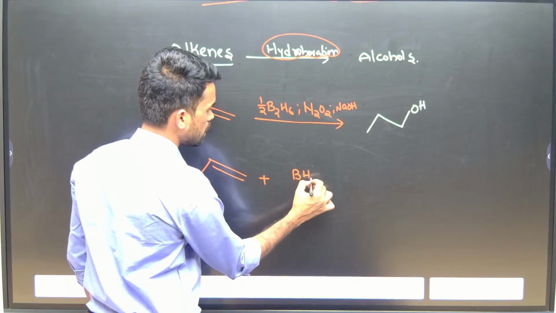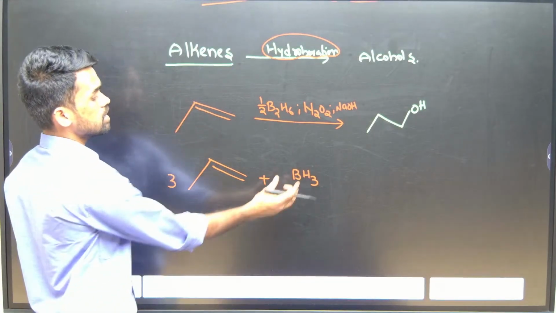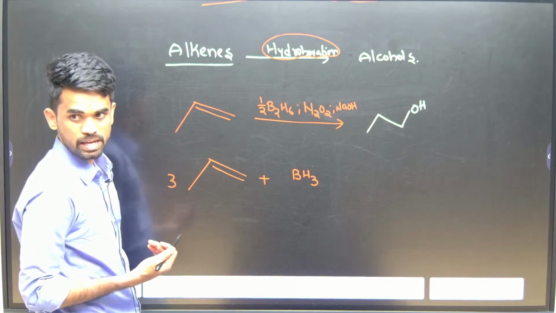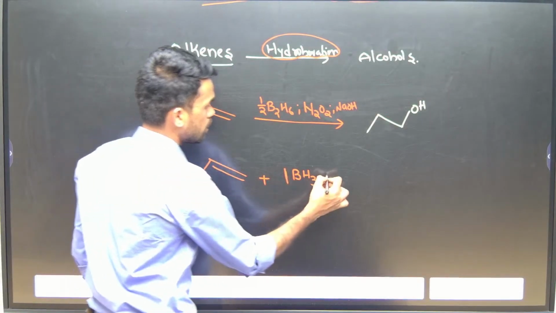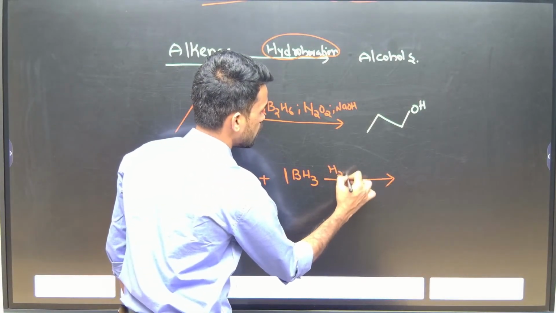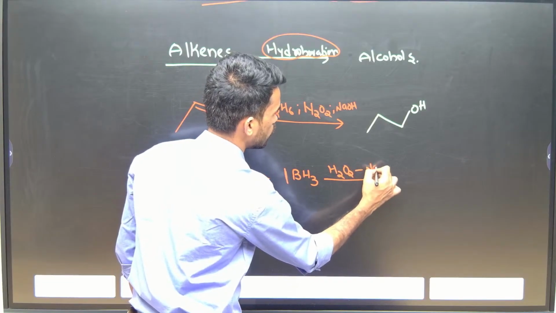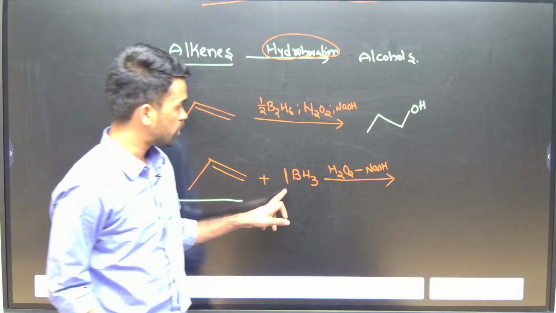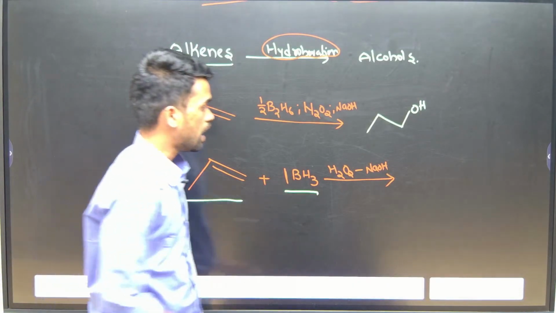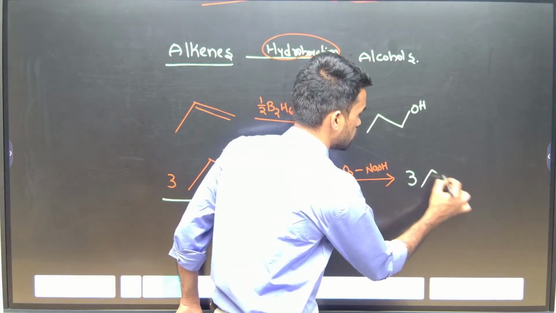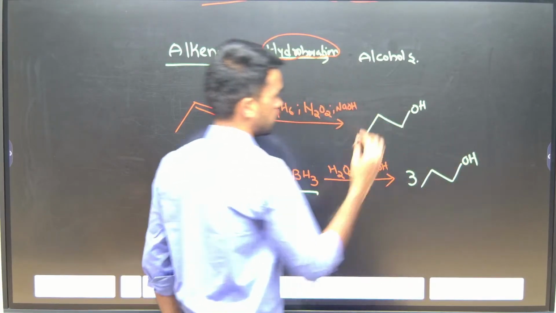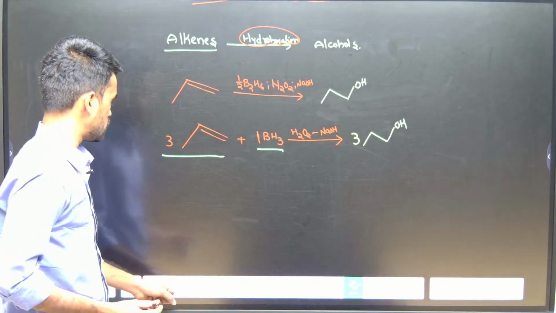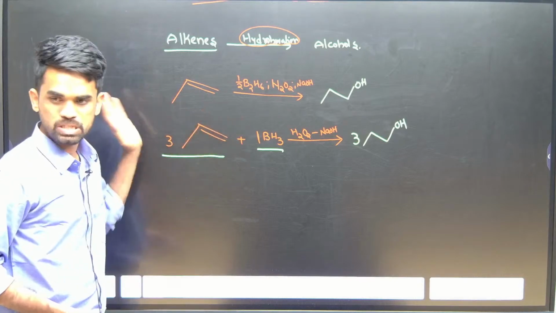I can write BH3; half B2H6 is nothing but BH3. 1 BH3, in presence of hydrogen peroxide and NaOH, basic medium. So 3 moles of alkenes react with 1 mole of BH3, borane unit, and give you 3 moles of alcohol. I will tell you some points to be noted here, because with these points you can attempt maximum questions from here itself.